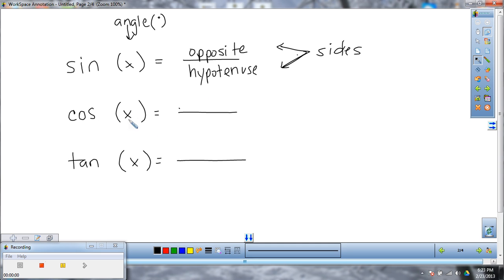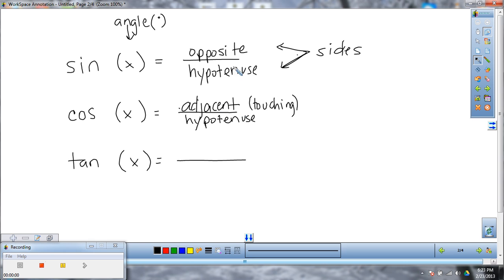Same thing here. X in the cosine will be an angle, and our ratio will be created from sides. But in the cosine, instead of opposite and hypotenuse, we use the adjacent side, and we've talked about this before, but adjacent means touching, and hypotenuse is going to be the denominator.